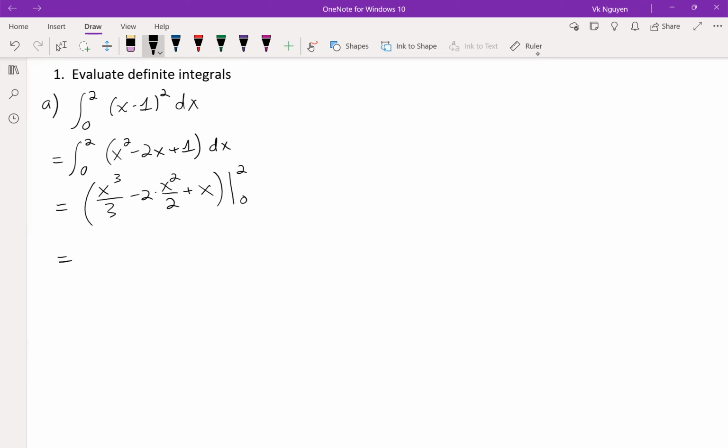Sub x equal 2, we have 2 to the power 3, 8 over 3 minus 4 plus 2. When we sub in 0, we get 0. This is, from the Fundamental Theorem of Calculus, part 2, exactly F of 2 minus F of 0.